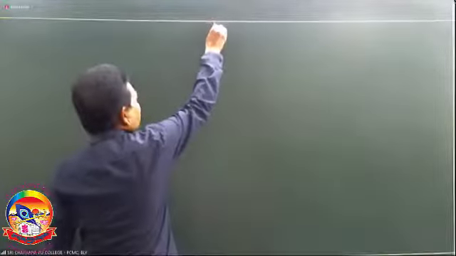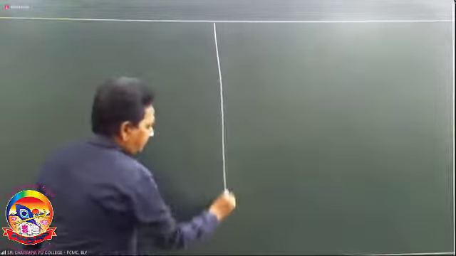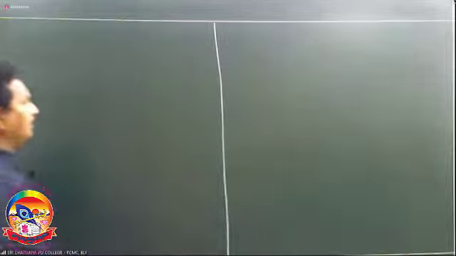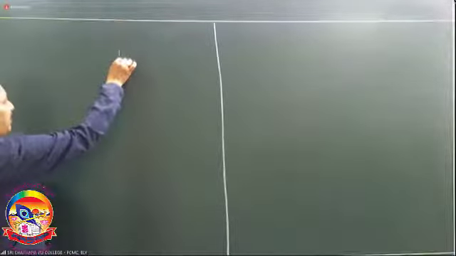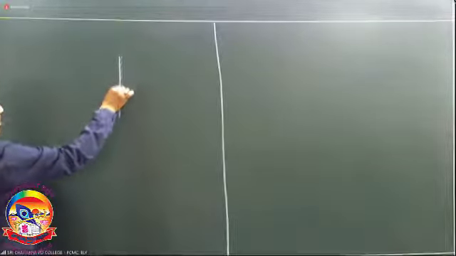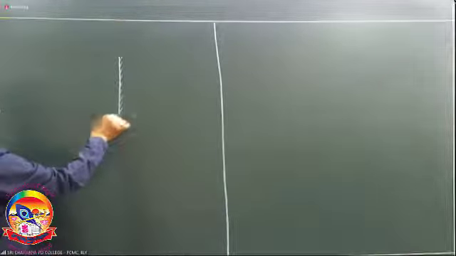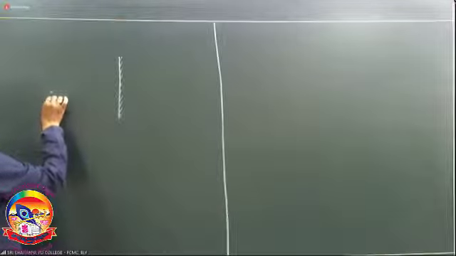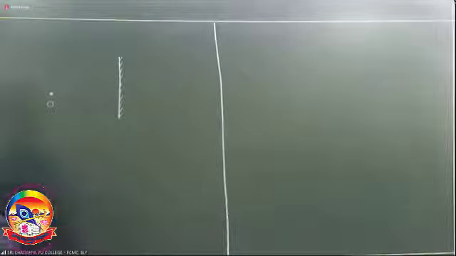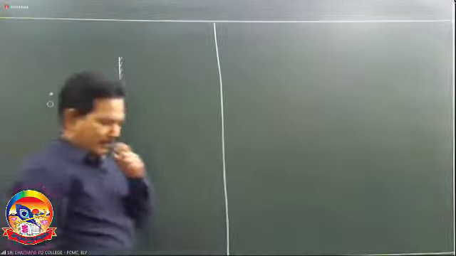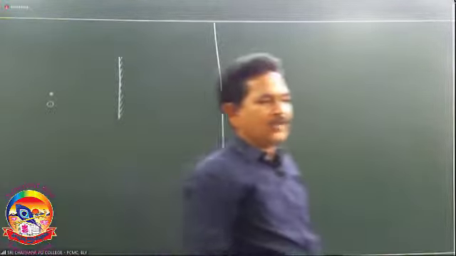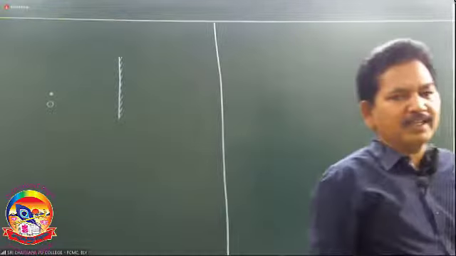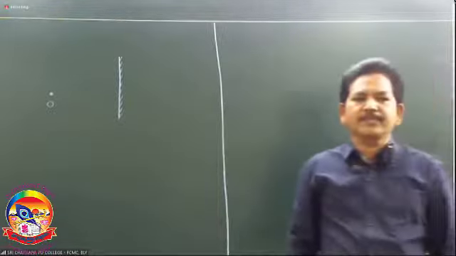Yesterday I discussed that when we consider the plane mirror, when the object is traveling with velocity v towards the mirror, then the image will also travel towards the mirror with the same velocity.